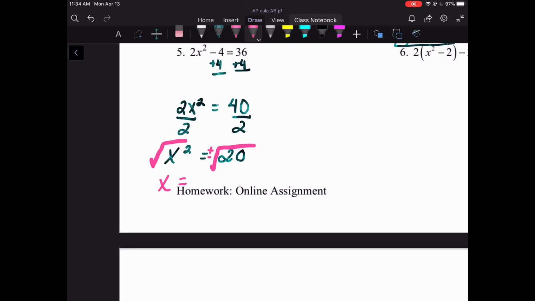So this is equal to plus or minus root 4 times root 5. Simplify that further. X is equal to, the square root of 4 is perfect, so it's plus or minus 2, and root 5 is your leftover.